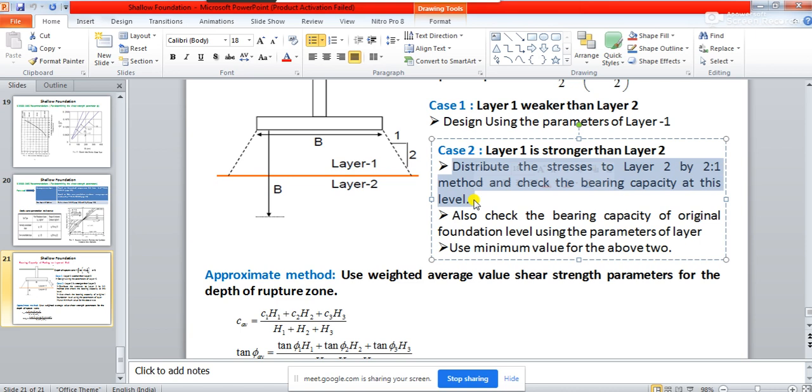So you will first have to find out how much bearing capacity you are getting at this junction layer.